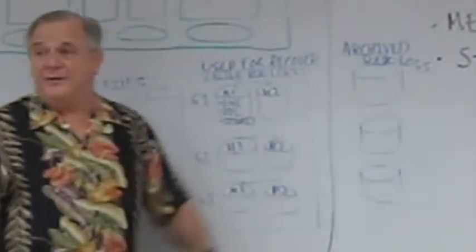But if you're running in archive log mode, that'll never happen. You'll never switch to this group until it has been archived. If it hasn't been archived, if there's a problem, if this directory over here is full, your database will hang. And we'll talk about that later as well.